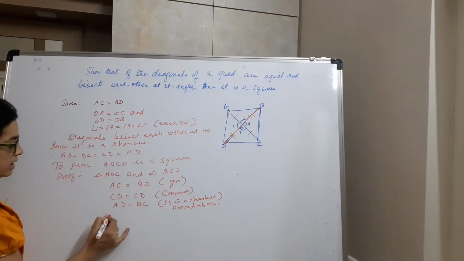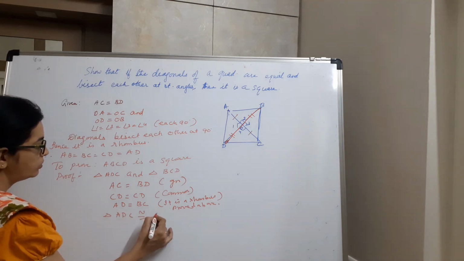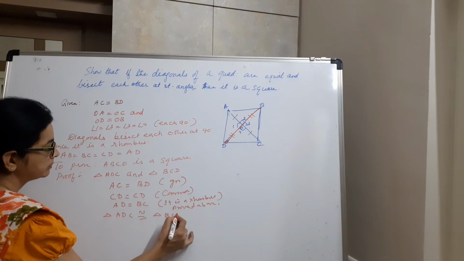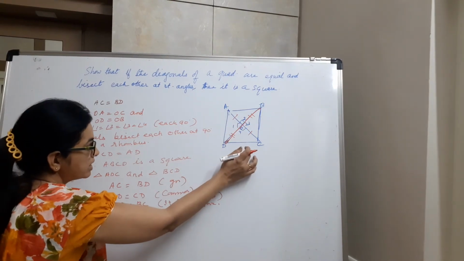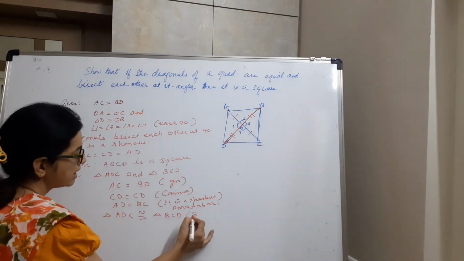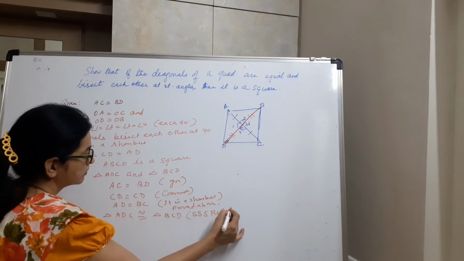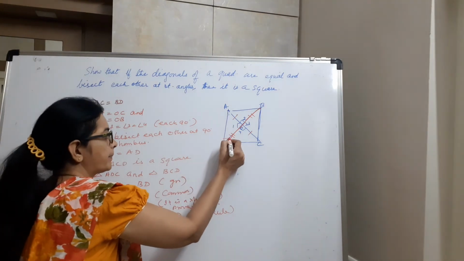Now the congruency. We write the congruency in these two triangles by the rule. Which rule is applicable? This one is S, this common one is S, and the diagonals are equal is also S. So SSS rule. Now we did all this process to get a CPCT. Which CPCT will we get?